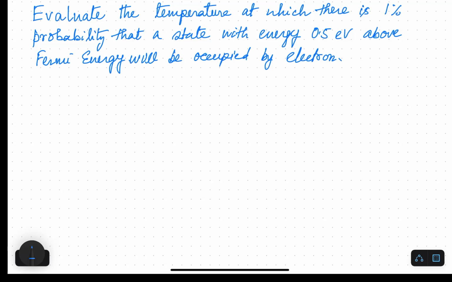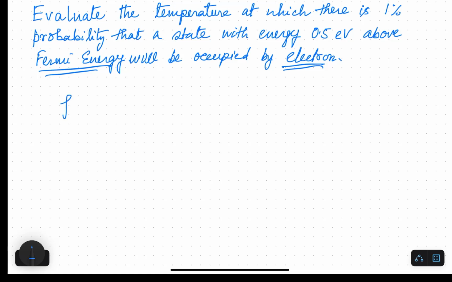So the first thing we should look into is which statistics this question leads to. Because this problem is on electrons and there is Fermi energy, we have to write the probability or distribution function formula.